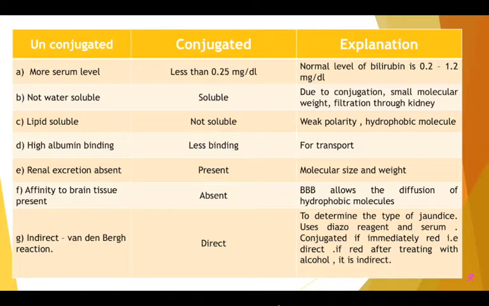That is, if a molecule is polar, it will be hydrophilic, that is, water loving. Those molecules will be water soluble but insoluble in lipids. So conjugated bilirubin is soluble in water but insoluble in lipids.